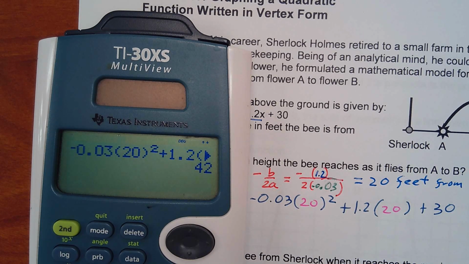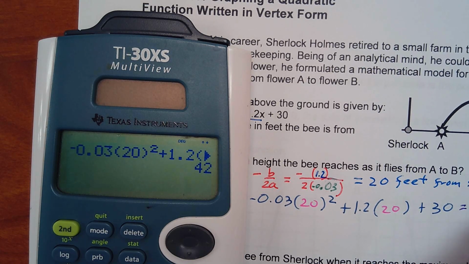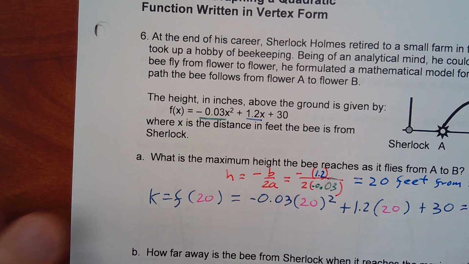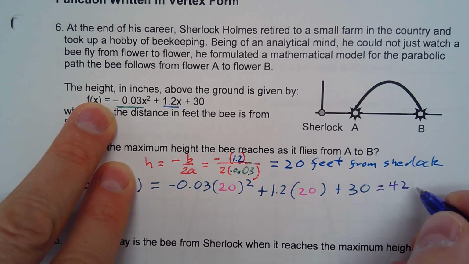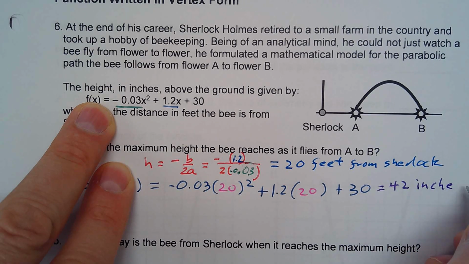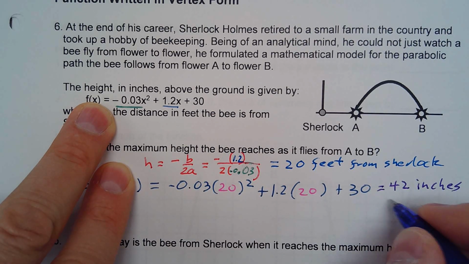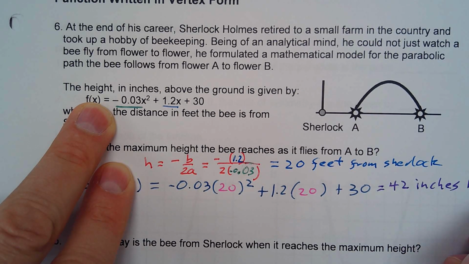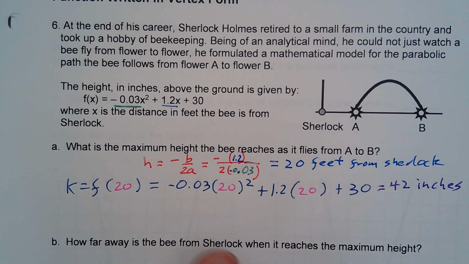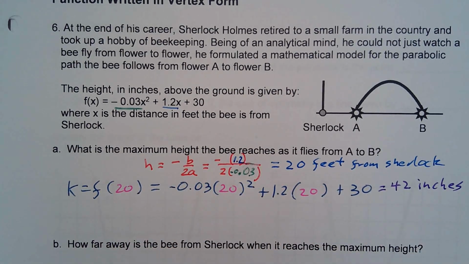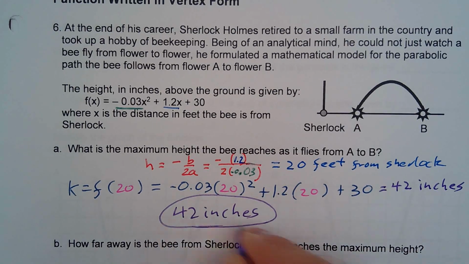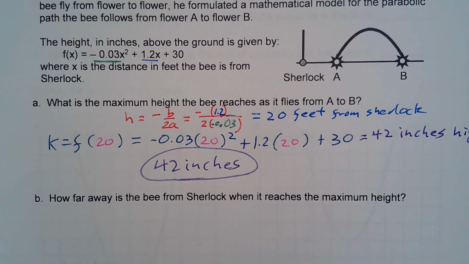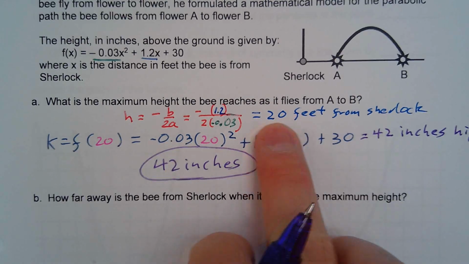So that'd be 42. And the y value is the height, so this would be 42 inches above the ground. Okay, we want to know the maximum height the bee reaches, so that would be 42 inches. That's the answer to part A. Part B, how far away is the bee from Sherlock when it reaches the maximum height? Well, we found that was 20 feet.